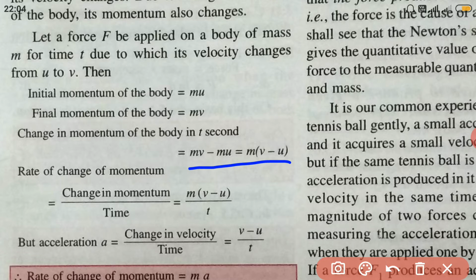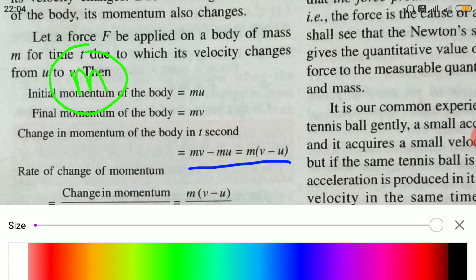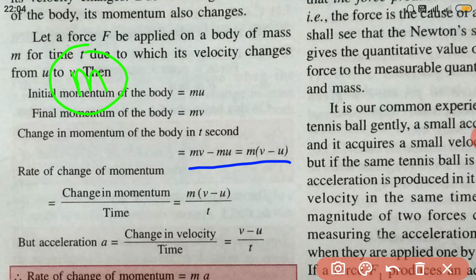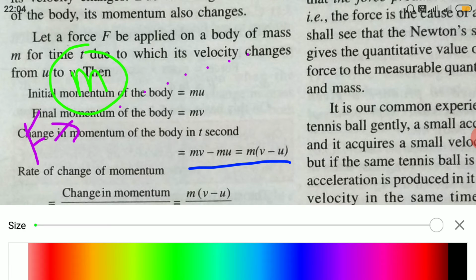So suppose I am considering a body, let that body have mass m, and suppose a force is applied on the body, and because of this force the body starts moving, and the same body reaches here without changing its mass.